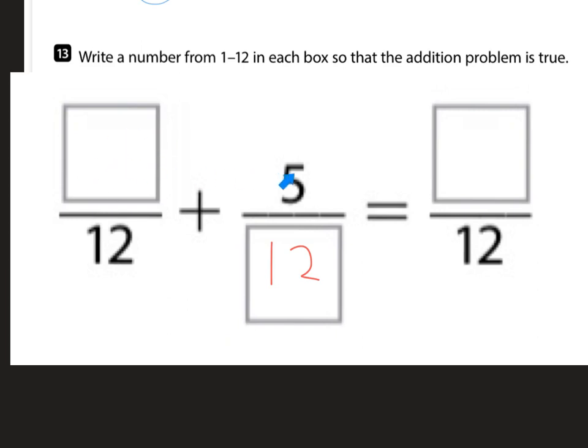So 1 plus 5 is 6. So 6 is the smallest number I can put here. I could put 6, 7, 8, 9, 10, 11, or 12. Let's just say I choose 11. And then I would say, what plus 5 will give me 11? 6 plus 5 will give me 11.